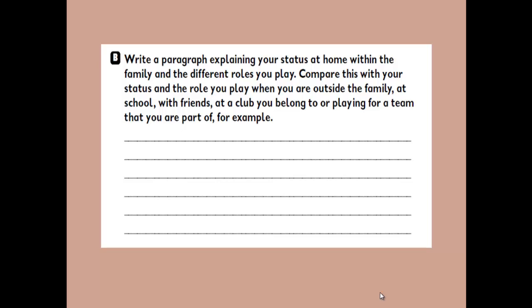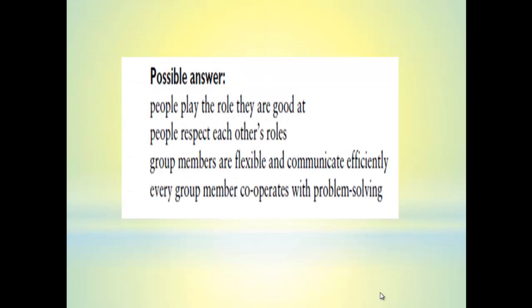For example, here we have a possible answer. People play the role they are good at. People respect each other's roles. Group members are flexible and communicate efficiently. Every group member cooperates with problem solving.